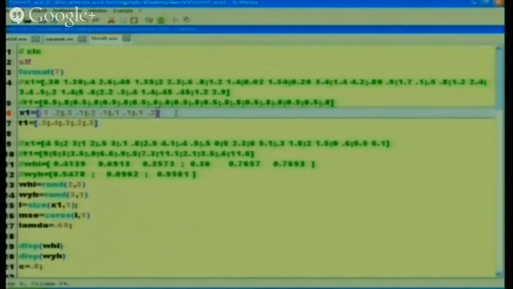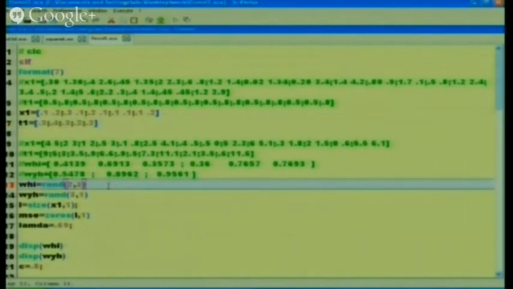So this is the set of input which is being provided. T1 is the target outputs, right? 1, 2, 3, 4, 5 data sets are given to us. Now WHI is the set of weights between hidden and input layer. Any name you can give to the weights, WHI or any other name, right?